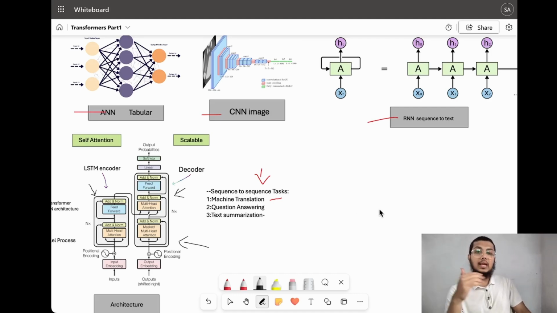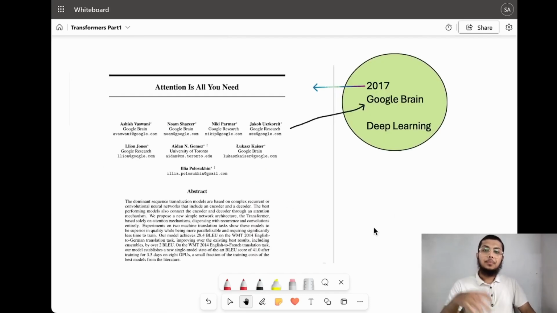Now, before moving ahead, let's take a little historical perspective, because it will help you understand transformers from scratch. The architecture was introduced in 2017 in the groundbreaking research paper, Attention Is All You Need.